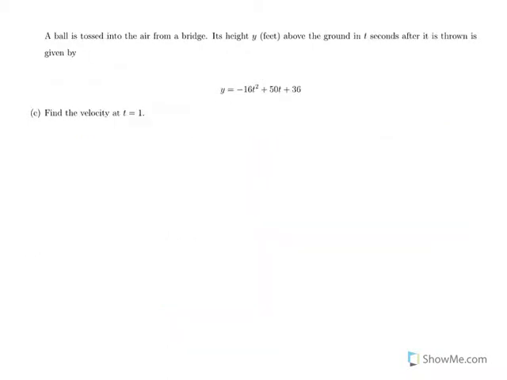Now let's answer the question about instantaneous velocity, or what is the velocity at a specific moment in time at t equals 1. Well, here we're going to use our limit definition of the instantaneous velocity.